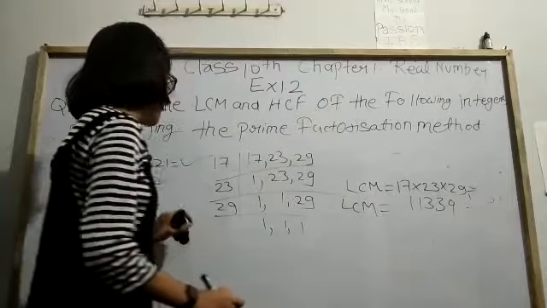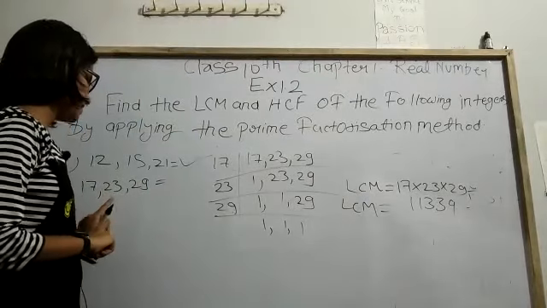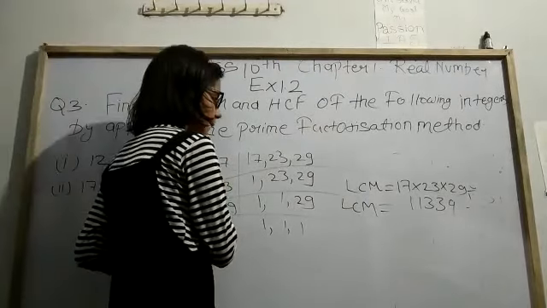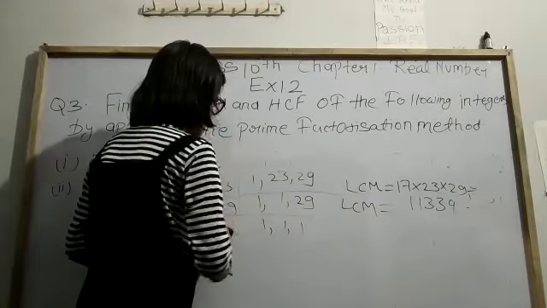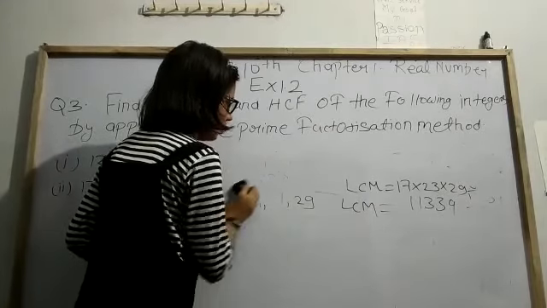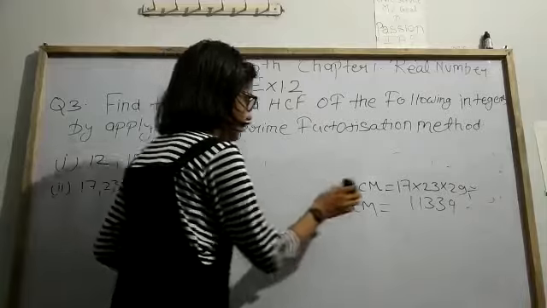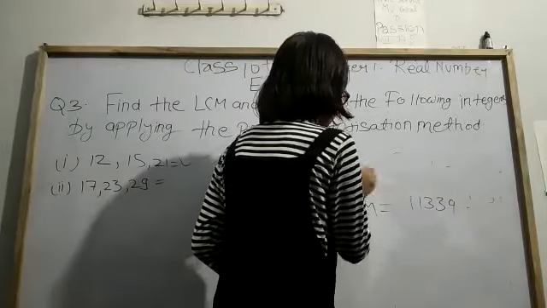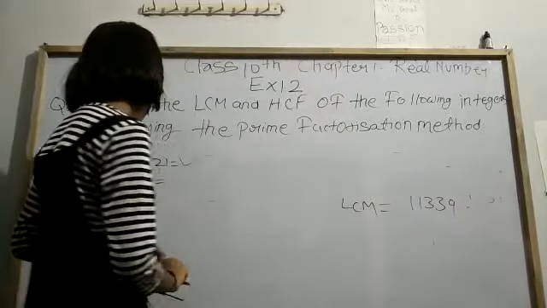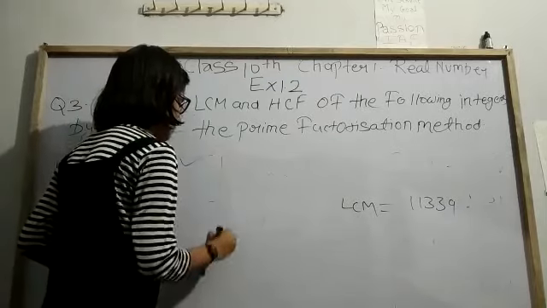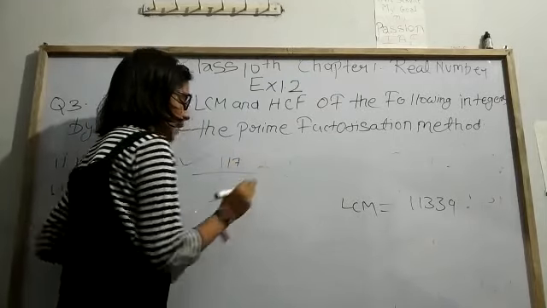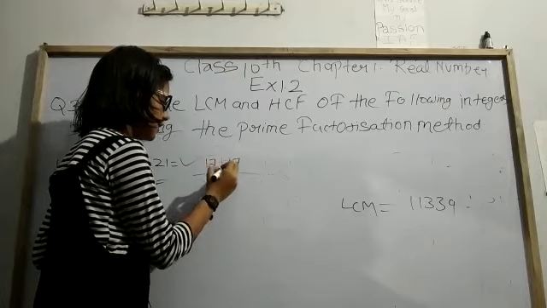So our LCM is 11,339. Now what we have to find? We have to find the HCF of these numbers. First of all, as we know that 17 is a prime number, it can be divided only by 17.